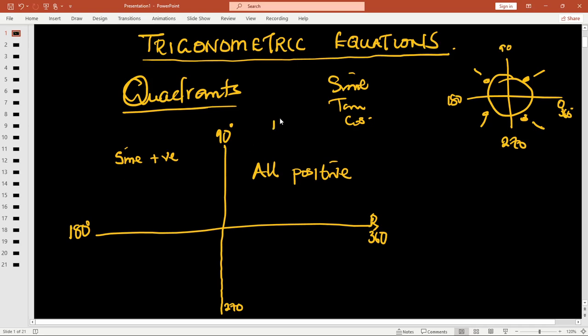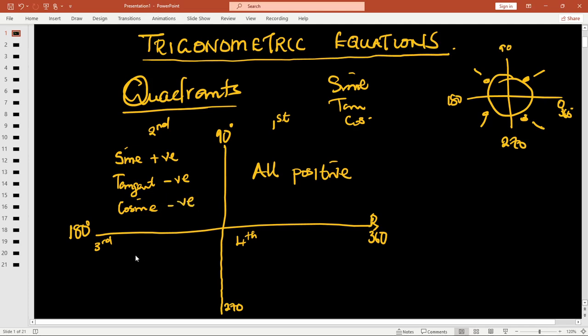So we said this is the first quadrant, this is the second quadrant, this is the third quadrant, then this is the fourth quadrant. In the second quadrant, the only function that is positive is the sine function. The rest are negative. So the tangent function is negative, and the cosine function is negative in the second quadrant.